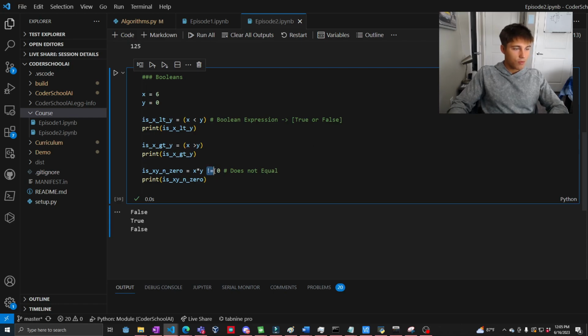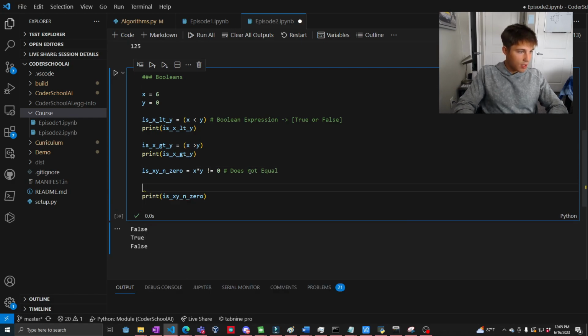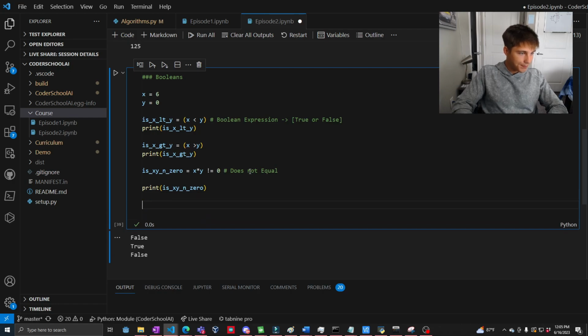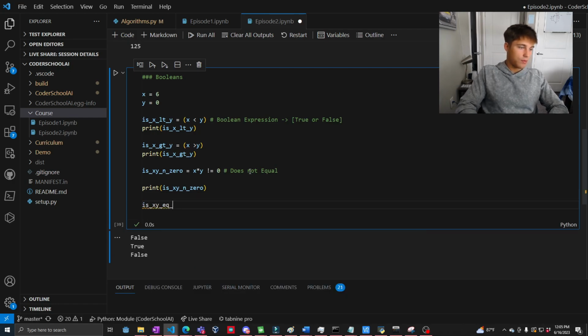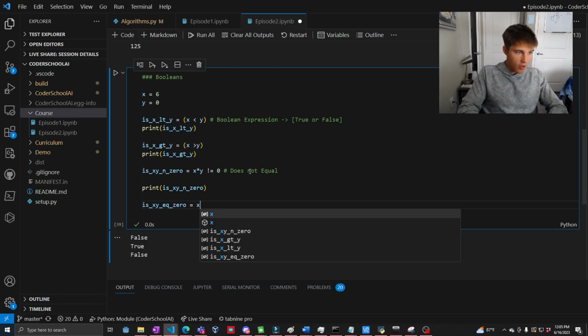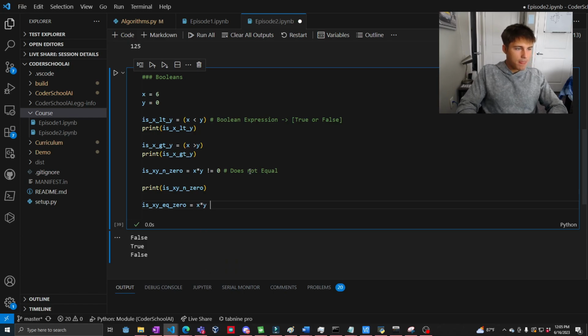So if I reverse this and say, well, let's come up with another one, is xy equal to 0, and that's just going to equal, maybe you could kind of see where this is going, but instead of not equal, we're going to have equals 0, right?